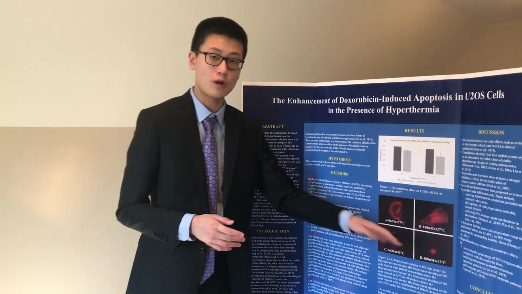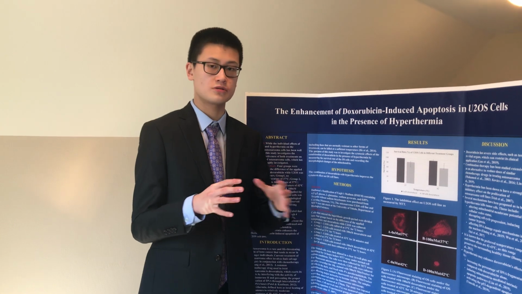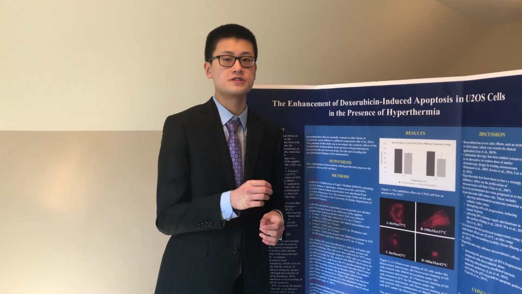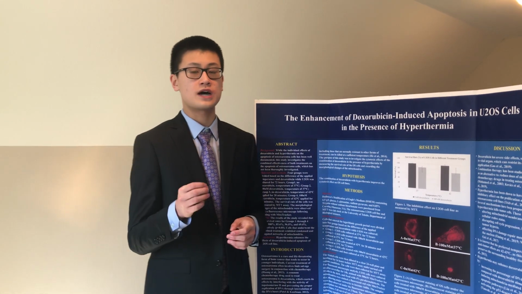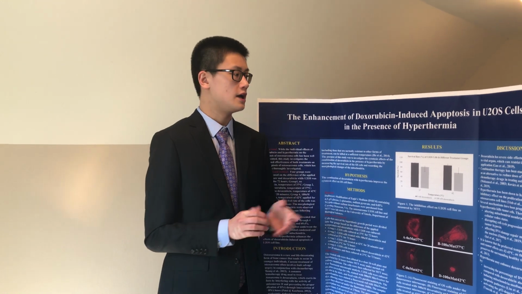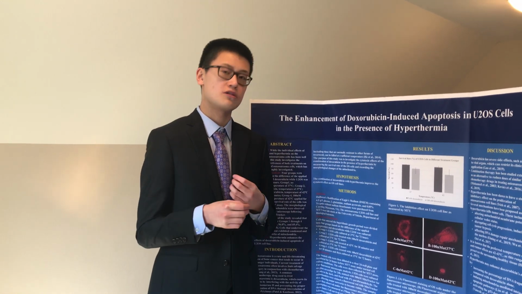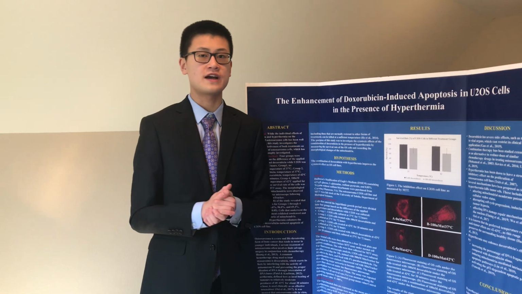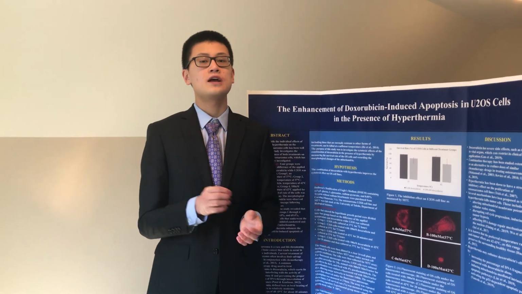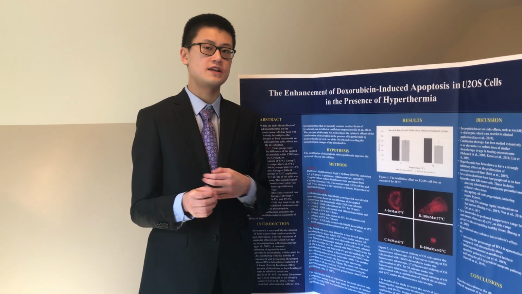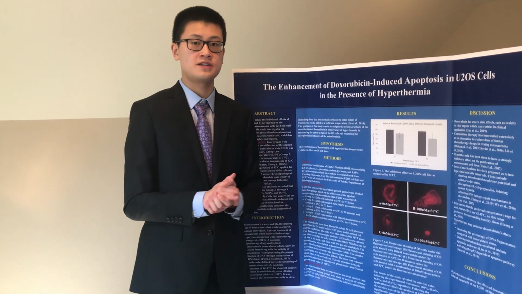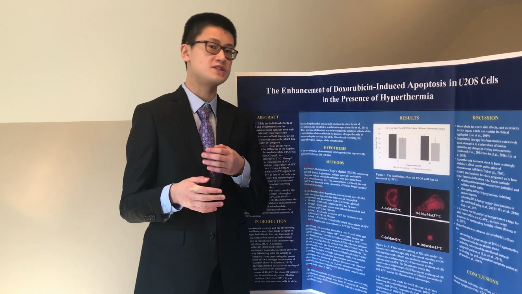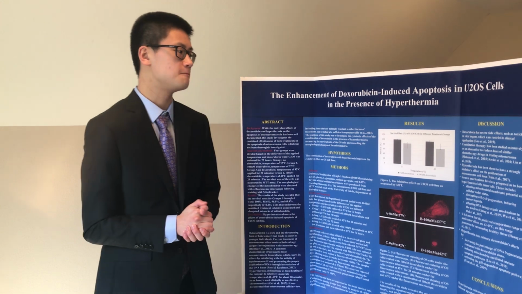Now, as I mentioned, there was an inhibitory effect on the mitochondria in groups 3 and 4. And these were the hyperthermia treatment groups. And so hyperthermia has been shown to have a strongly inhibitory effect on osteosarcoma. However, its role as a chemosensitizer with doxorubicin when used in conjunction had not been investigated.